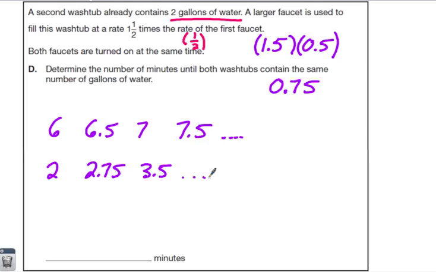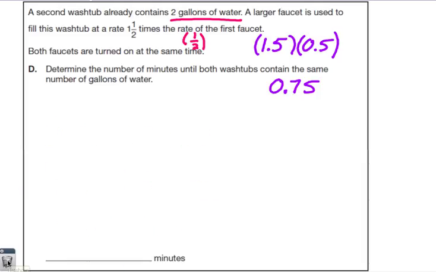You know what I mean? And you would hope that it wouldn't take forever, and you would hope also that you get a nice answer of a whole number of minutes, right? So that's one way to do it, and I'm sure it will work just fine. But I'm going to do it this way, where we take our first equation.